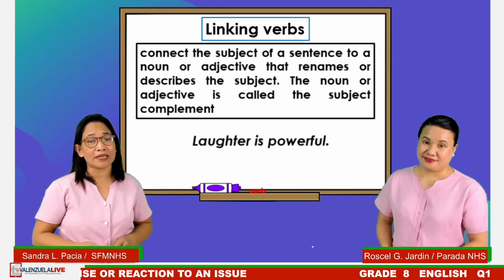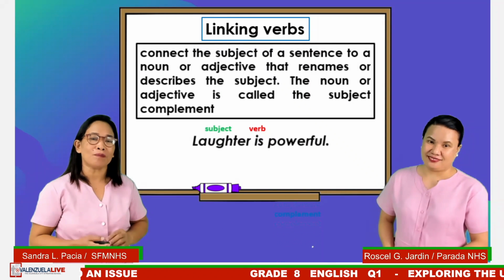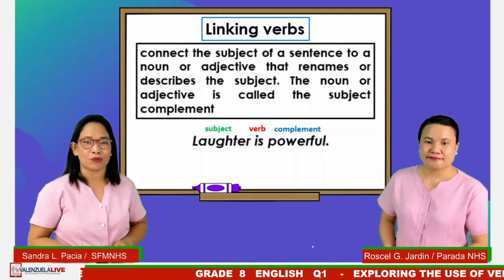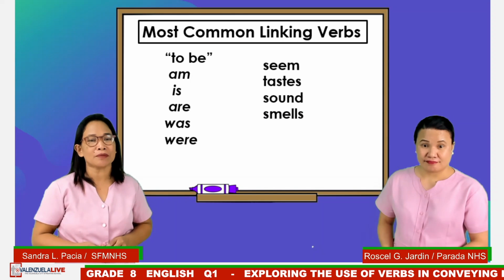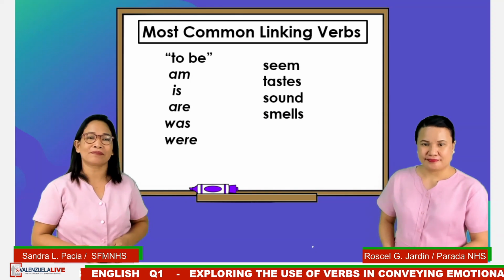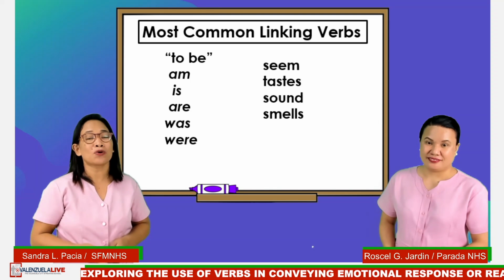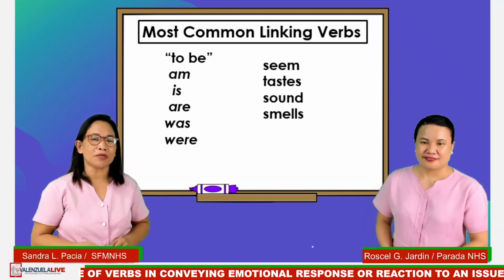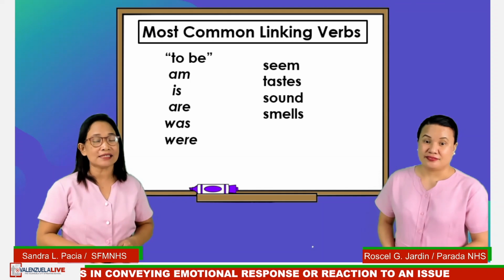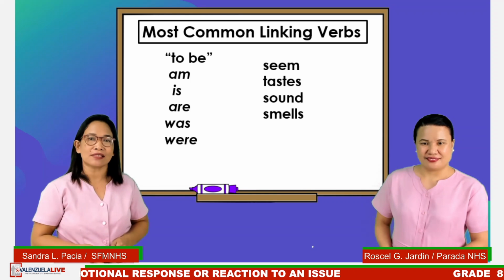The linking verb is links the subject laughter to the subject complement, which is powerful. The most common linking verbs are the verbs to be, like am, is, are, was, were. There are other linking verbs that can be used in a sentence, such as see, taste, sound, smell, etc.